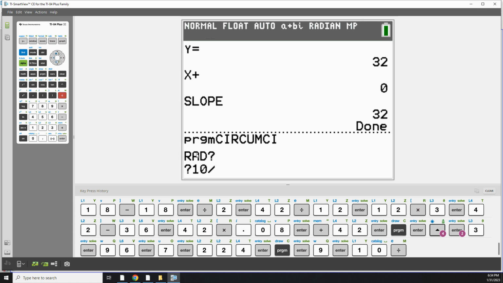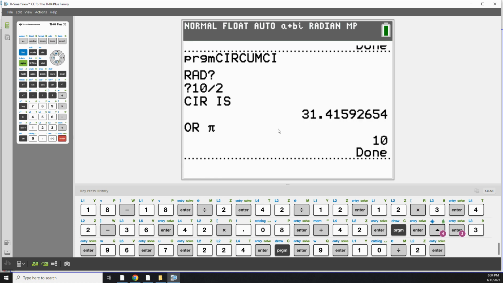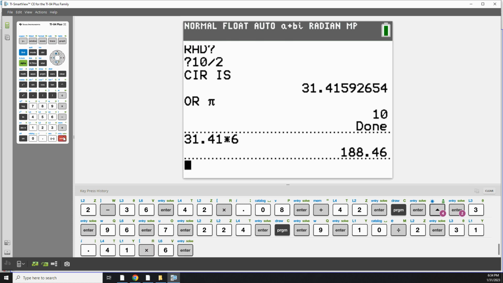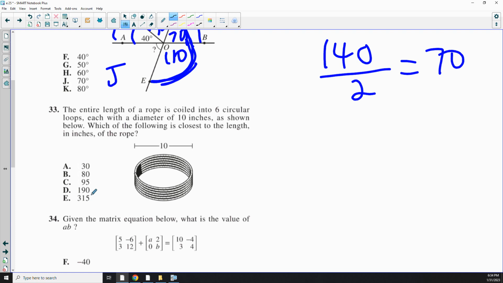The radius is what we're looking for, so we want to enter 5. So the answer is 10 pi, but really we want the number 31.41. We don't need to carry it out any more than that, and I think we made 6 loops, so it would be 188 is the answer, and it's closest to it, so it would be D.